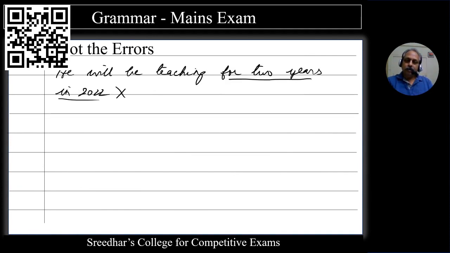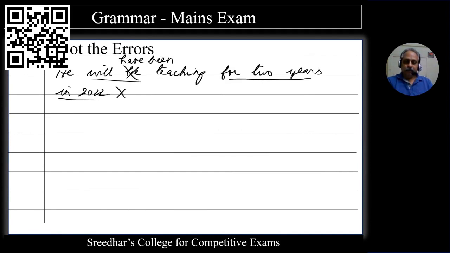Then you cannot use future continuous. You have to use future perfect continuous. What is the correct sentence? He will be teaching, not correct. He will have been teaching. He will have been teaching for 2 years in 2022. Not easy under pressure.